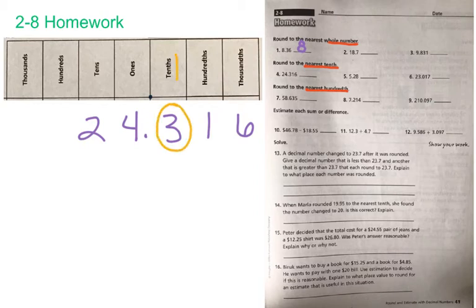The number immediately to the right of the 3 tells us round up or down. If it's 5 or greater, we round up to 4. If it's 4 or less, we round down to 3. So this answer is 24 and 3/10, because we're rounding to the nearest tenth.